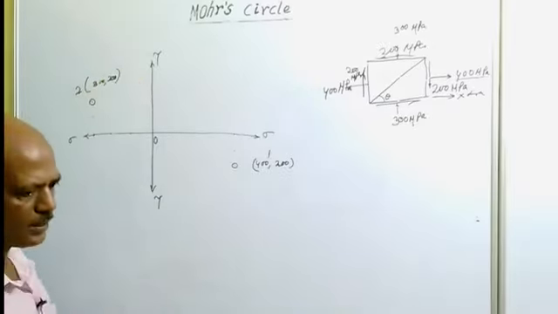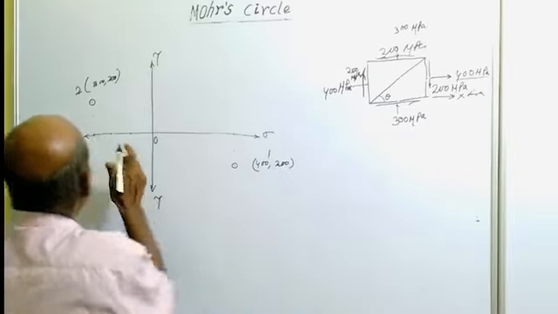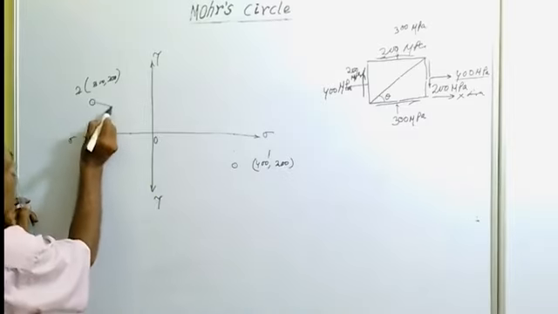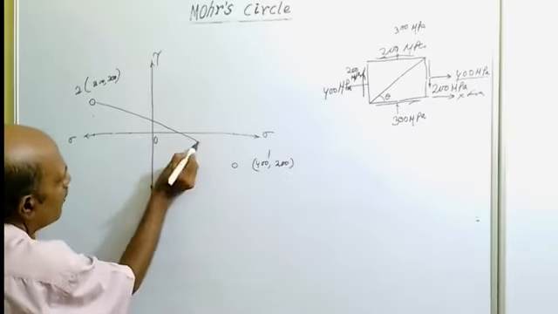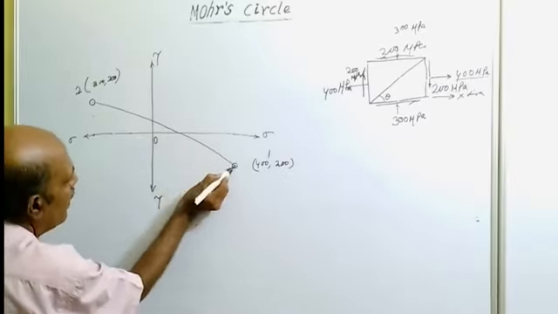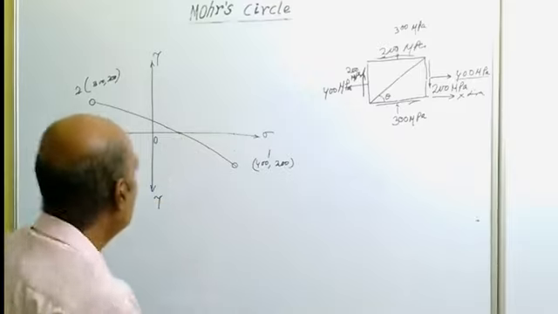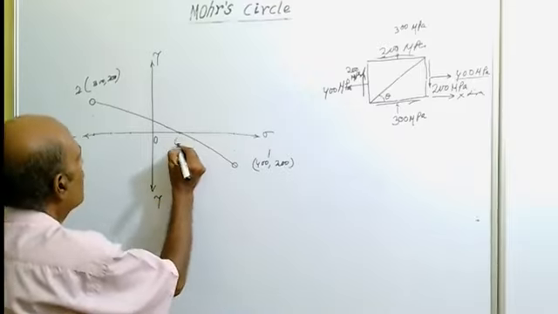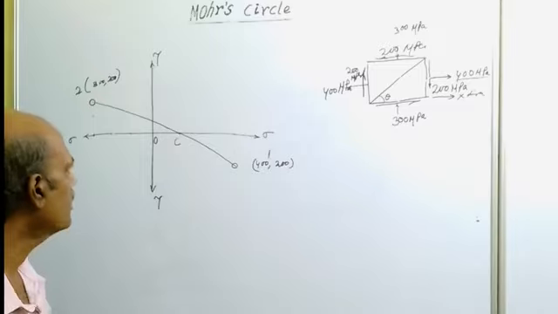Then join first point and second point by a straight line. If we join this by a straight line, it will intersect somewhere with the sigma axis, and this point becomes the center of Mohr circle.